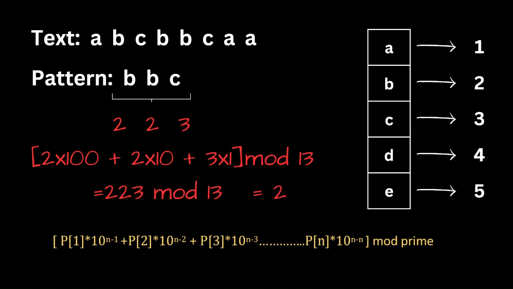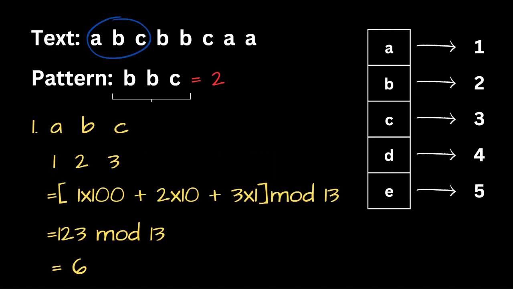We have considered the powers of 10, which results in 2. This is the rolling hash function of the pattern, and we use this to compare the substrings of the text. Now let's start comparing. The first one is ABC. After calculating the rolling hash function of this, we found that the pattern and the hash value of the substring do not match.